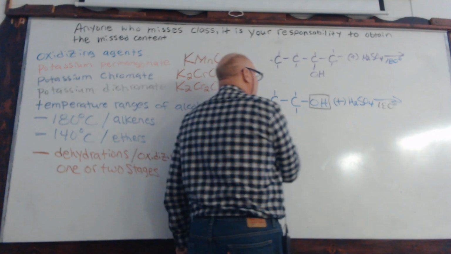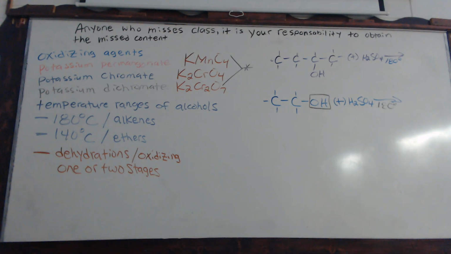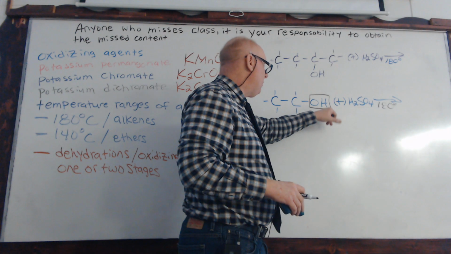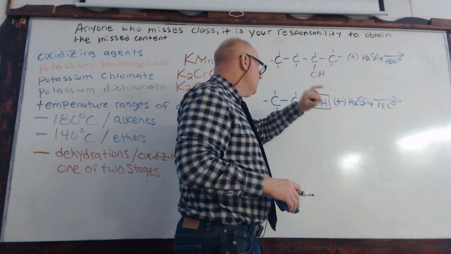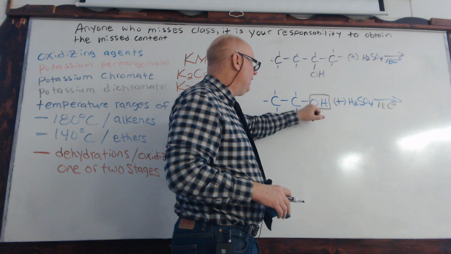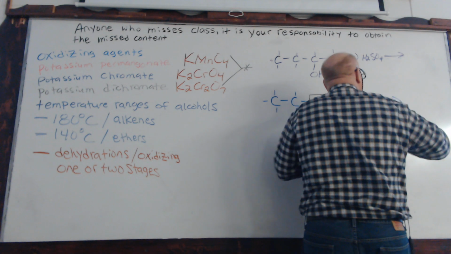When we look at the difference, we're reacting the same thing. Someone said it out there. Right. So this top one is a secondary alcohol, and this bottom one is a primary type. These would follow similar pathways, but what would happen if we do this?